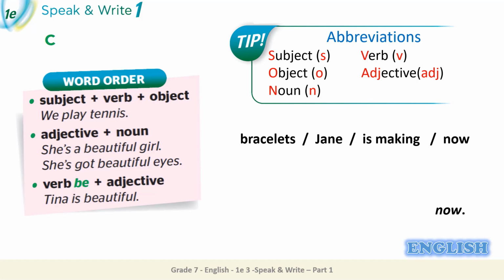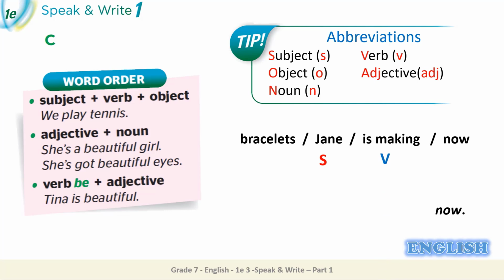Who can tell me which one is the subject? Bracelets, Jane is making, or now? Which one is the subject? That's correct. The subject is Jane. Now, which one is the verb? That's correct. The verb is making. That's perfect.